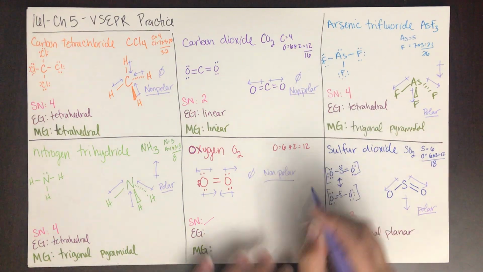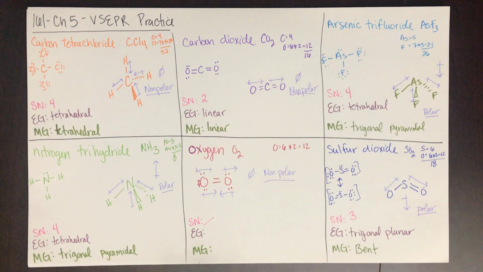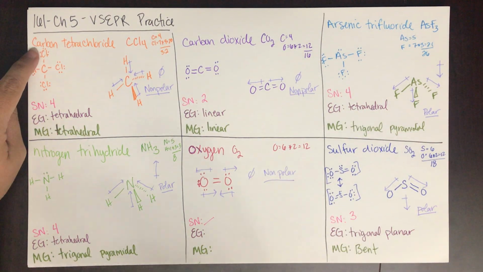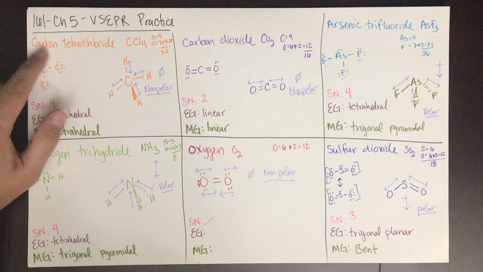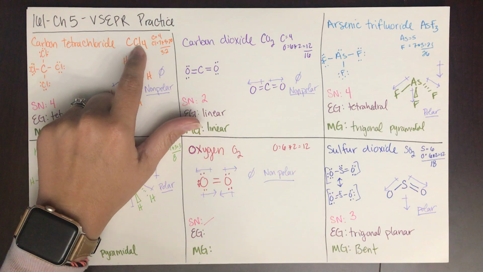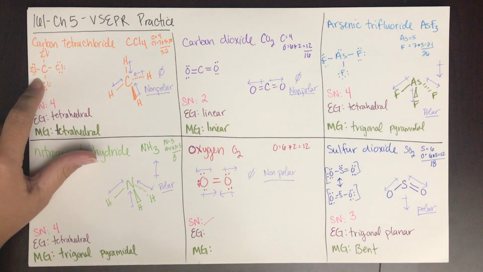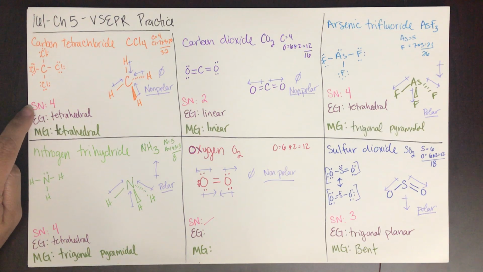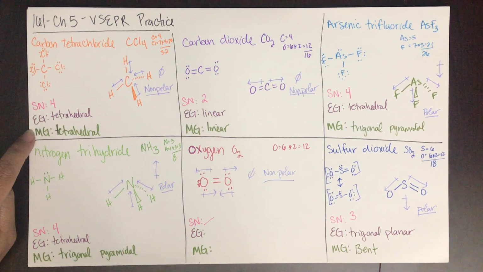So one thing that you should be able to do in this chapter, we're kind of building. First, we learned how to name molecules. From the name, you should be able to write the formula. From the formula, you should be able to write the Lewis structure. From the Lewis structure, you should be able to tell the steric number, the electron pair geometry, and the molecular geometry.